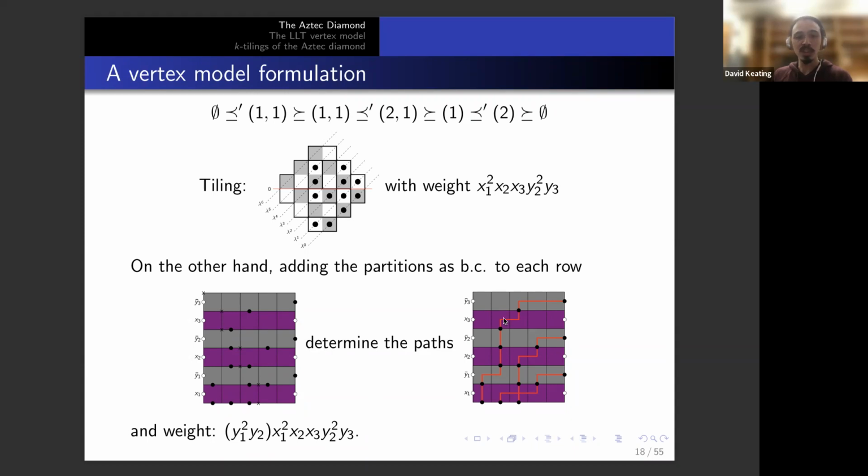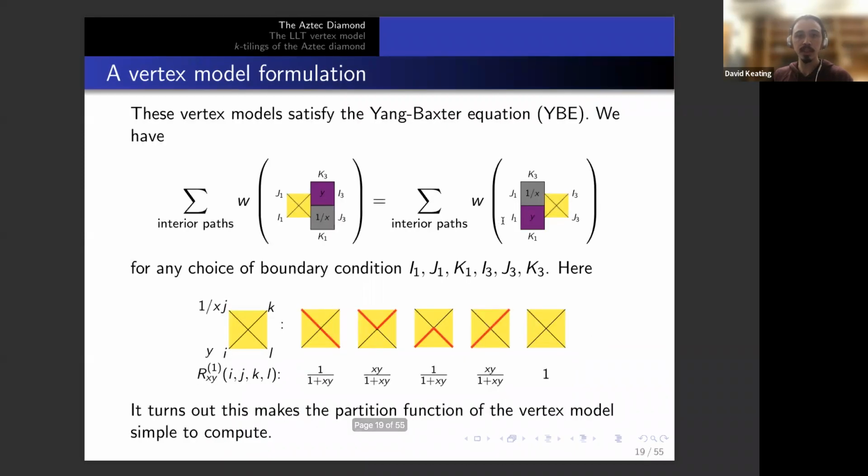Okay, so why we want to do this is that in terms of the vertex model, it's actually very easy to compute the partition function because we can just use the Yang-Baxter equation. So it turns out that these weights satisfy a Yang-Baxter equation in that you can swap gray and purple by intertwining them with this other vertex model, which I've drawn in yellow, whose weights are as follows.